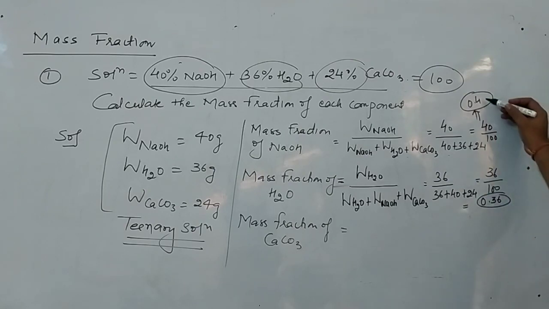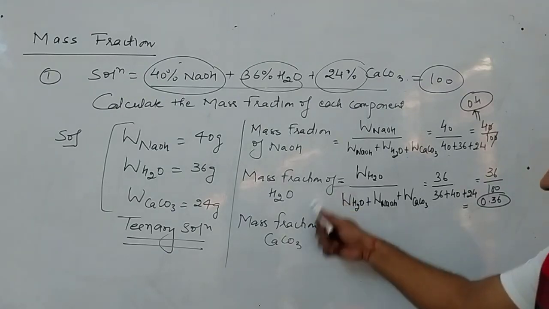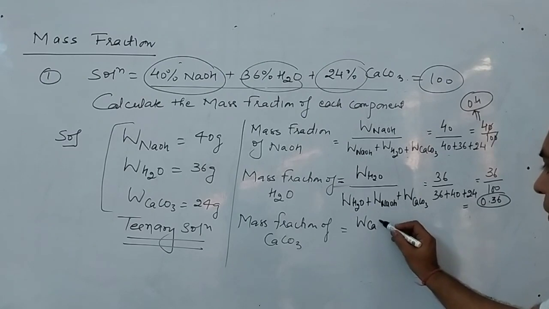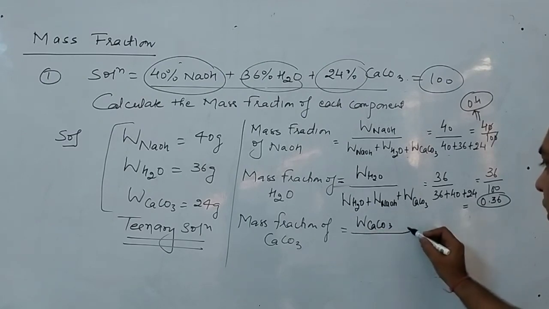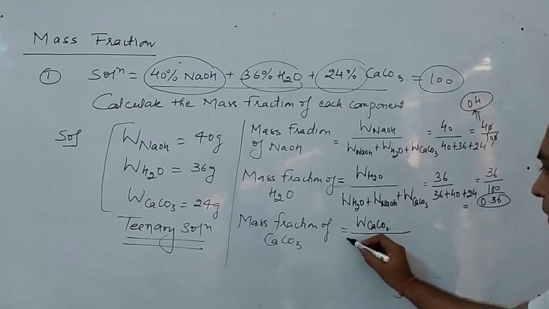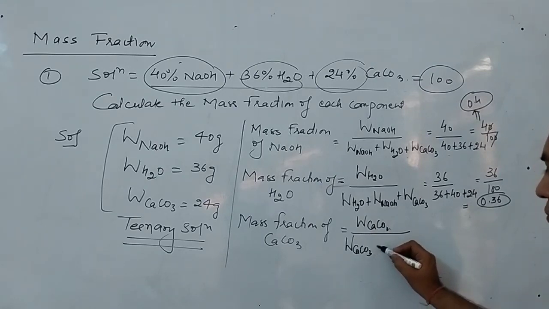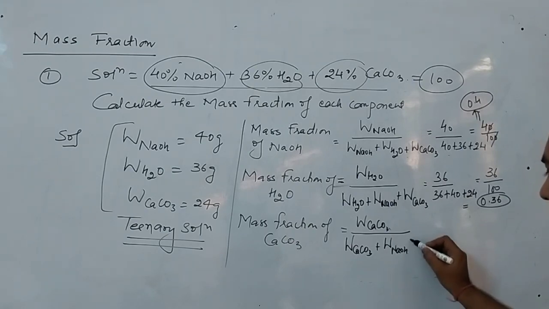First is 0.4, second is 0.36. Now the third one, mass fraction of CaCO3. Again I will write mass of CaCO3 upon mass of CaCO3 plus mass of NaOH plus mass of water.